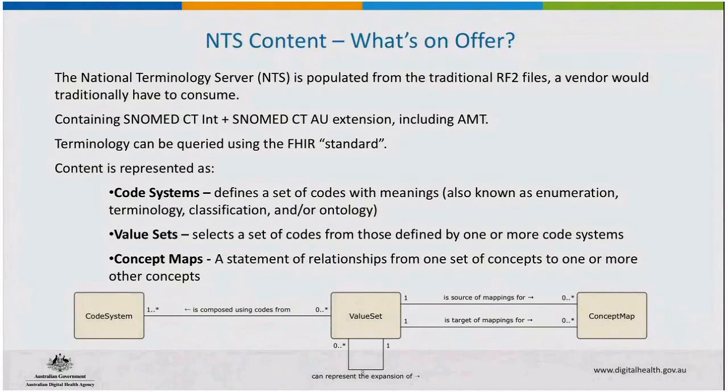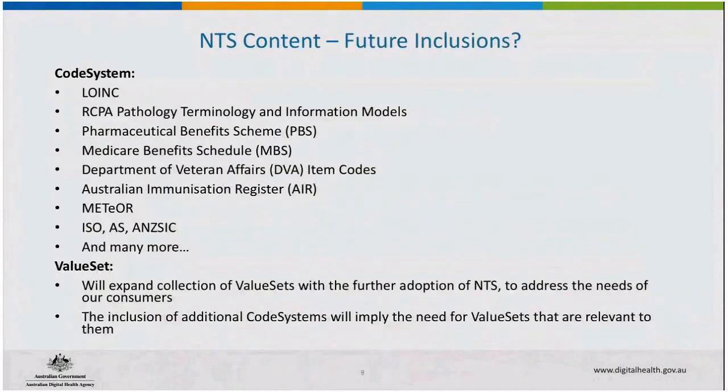Okay. So in the previous slide, I mentioned that the NTS contains the implicit SCT code system. However, there are many other code systems out there with national significance that may actually be good candidates for inclusion in the NTS. PBS and LOINC may be obvious inclusions.